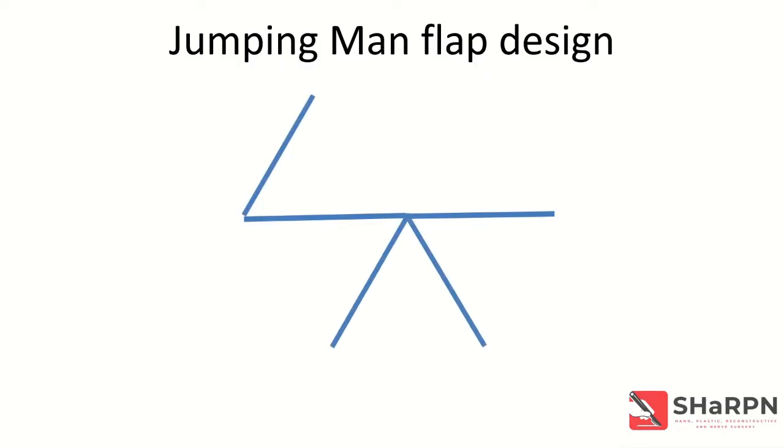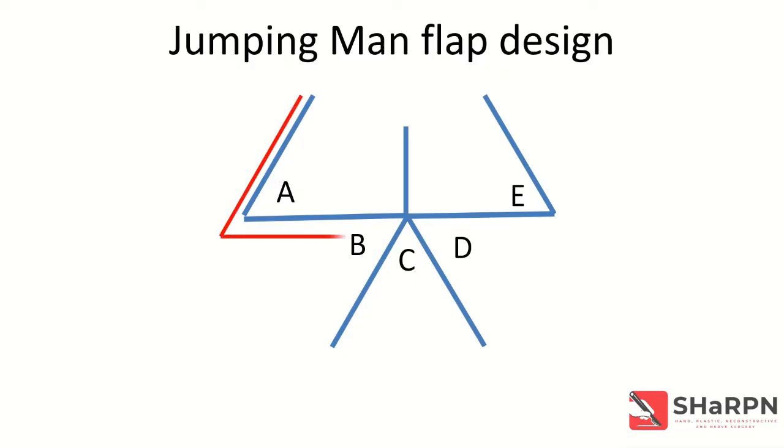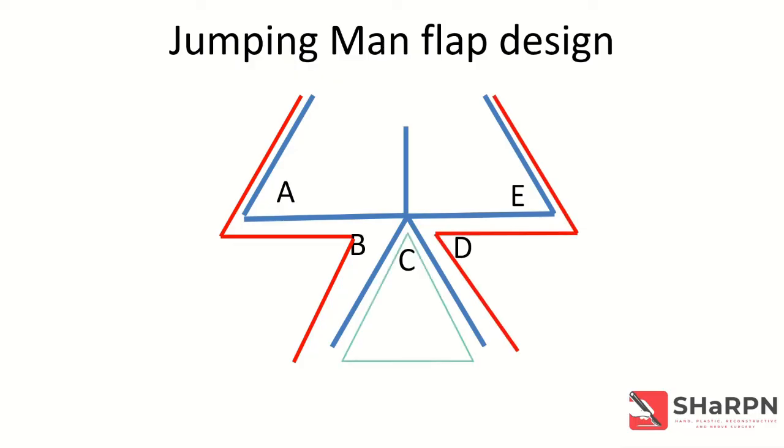So the jumping man flap design basically has a web space you need to release and 2 double opposing Z-plasties, along with a central limb, which will be the Y to V advancement. We label these flaps A, B, C, D, and E. And essentially you have 1 Z-plasty on the left and then an opposite Z-plasty on the other side.